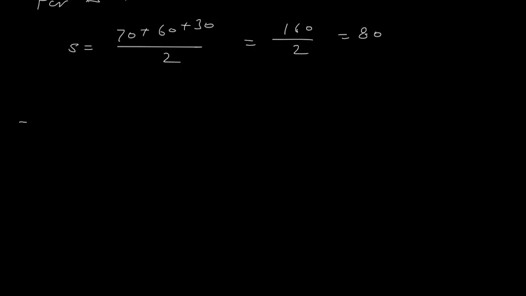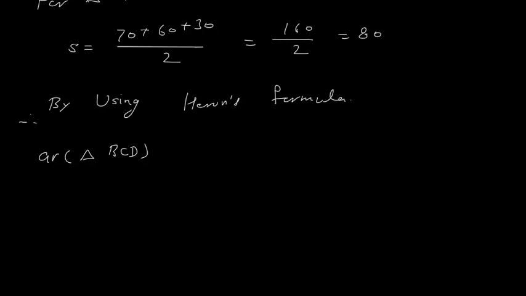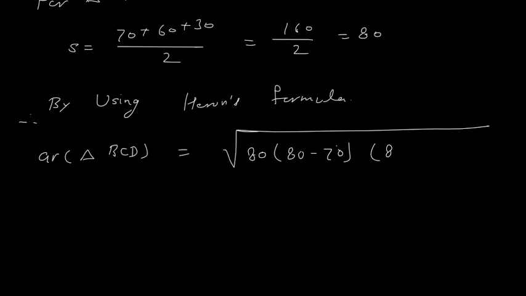So therefore, by using Heron's formula, my area of triangle BCD is equal to the square root of S, which is 80, so 80 into 80 minus 70, 80 minus 60, 80 minus 30.